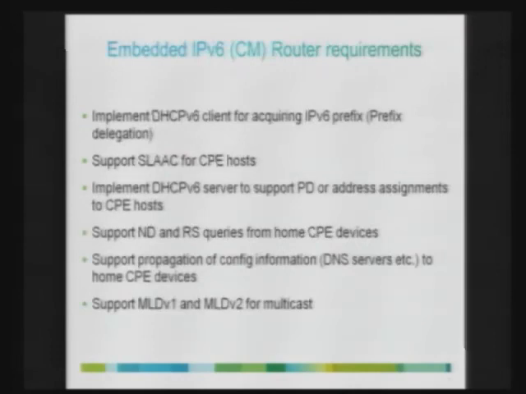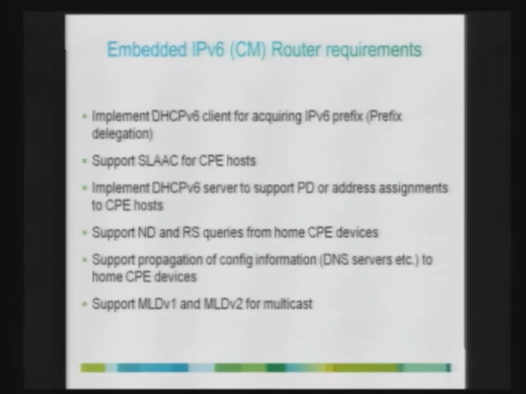In the case of a cable modem which has embedded or built-in router functionality, it has to implement a DHCPv6 client for the purpose of acquiring an IPv6 prefix. It will request a prefix delegation by specifying that particular option while sending the DHCP solicit message.